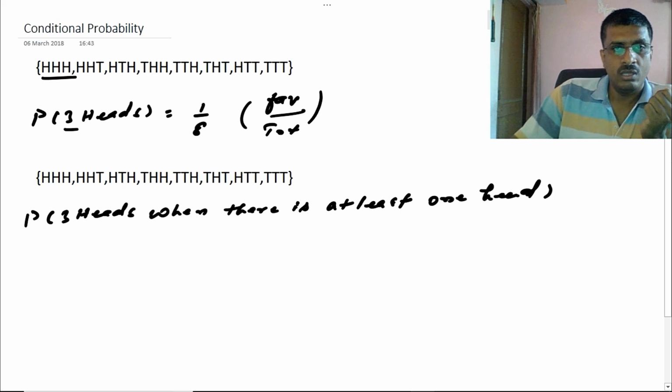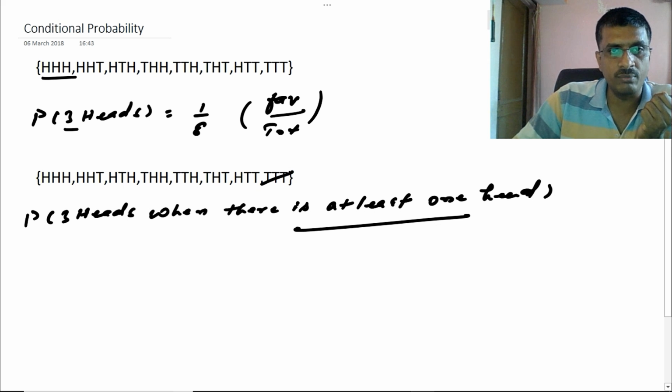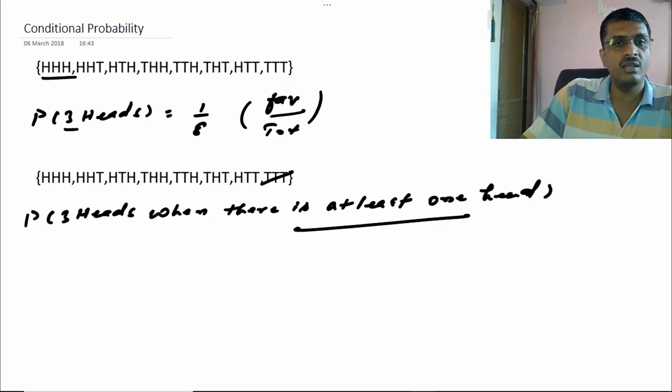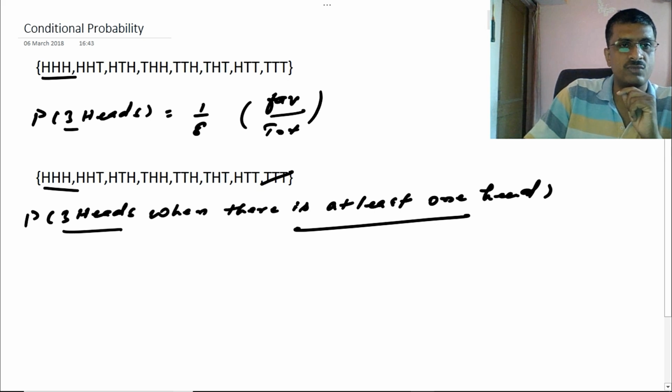Now, if you follow this condition, then this particular element of the sample space is not acceptable to us, right? And if we ignore this, then how many elements are left with us? 7. Of those 7 elements, if you try to find out how many are having 3 heads in it, there is just one, right?